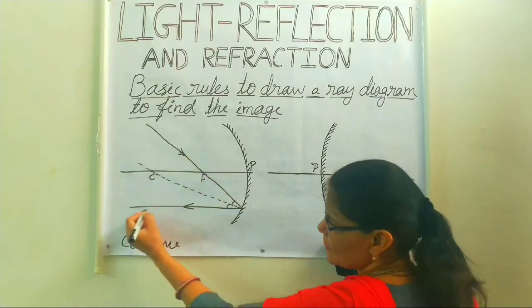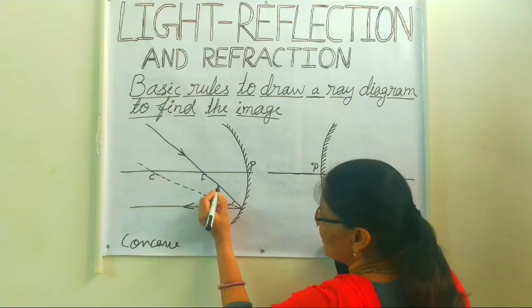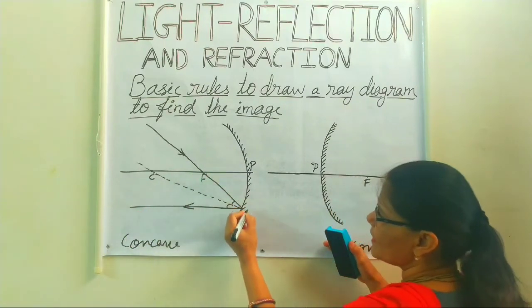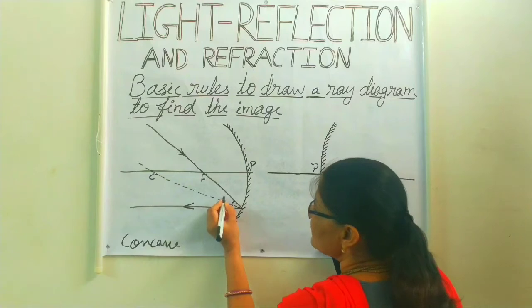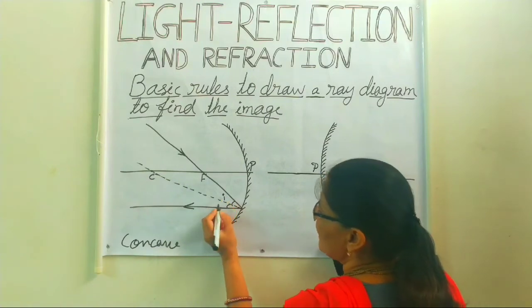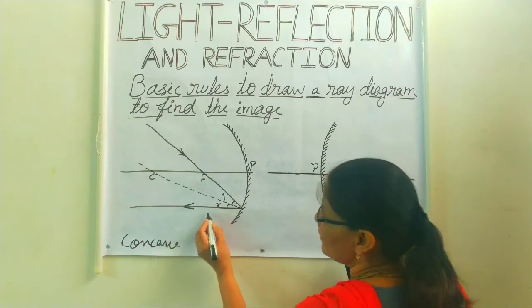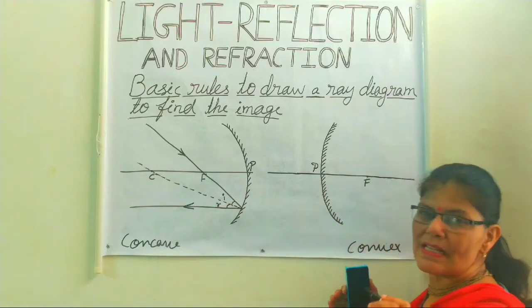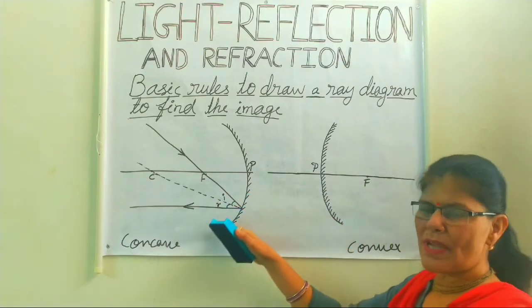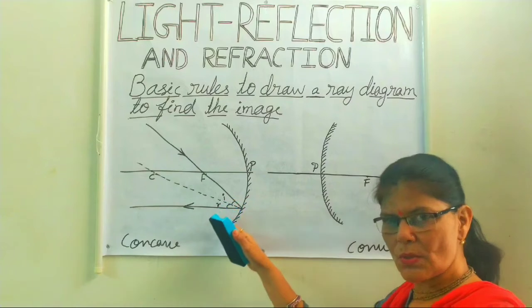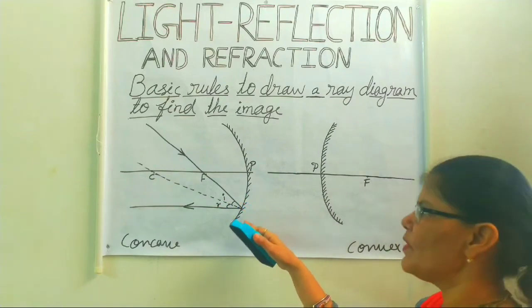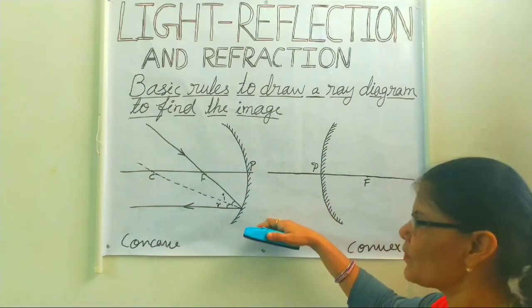This is our reflected ray. The angle formed between the incident ray and the normal is the angle of incidence, and the angle formed between the reflected ray and the normal is the angle of reflection. These two angles are equal. So in this rule also the law of reflection will be followed. This is in the case of a concave mirror.